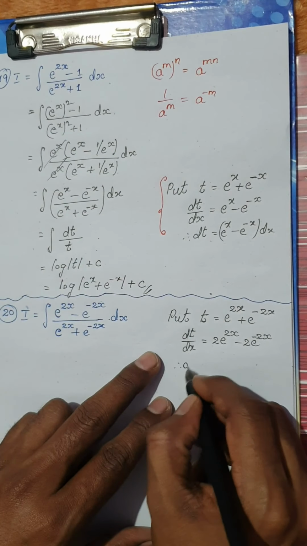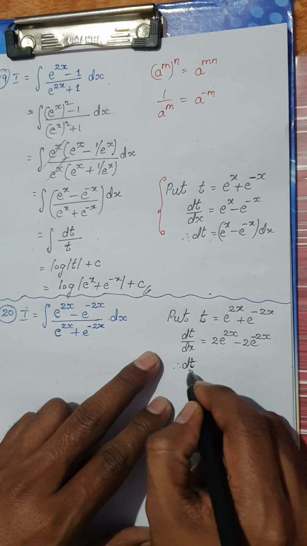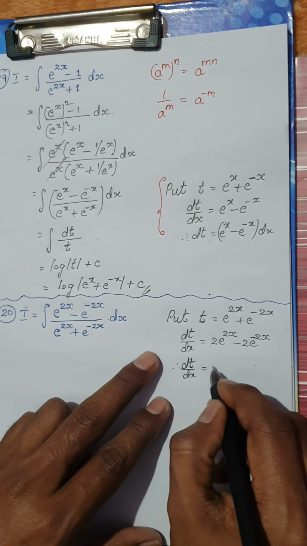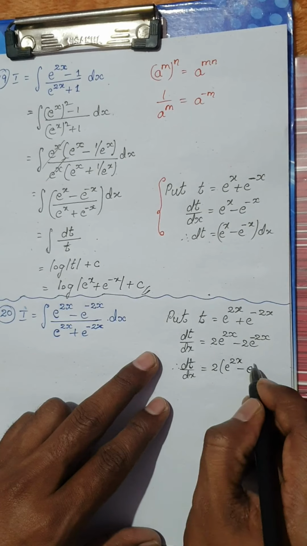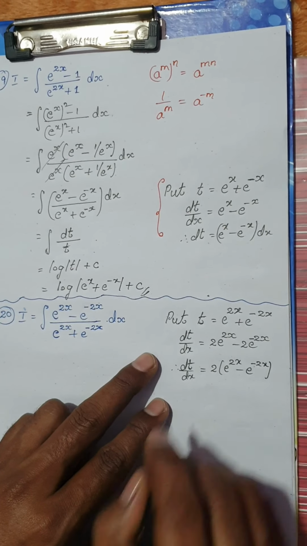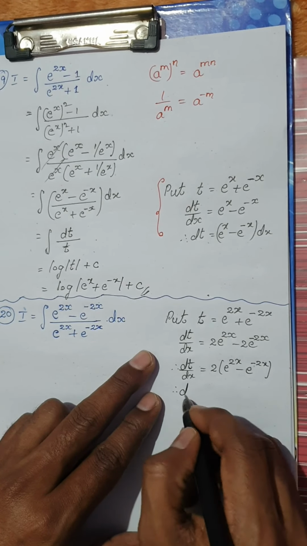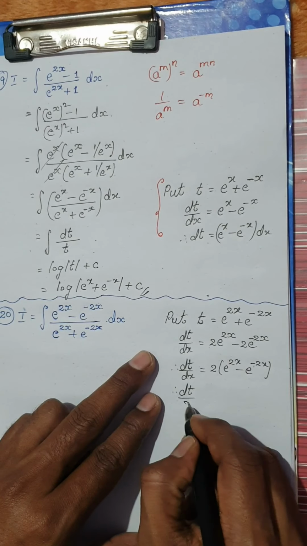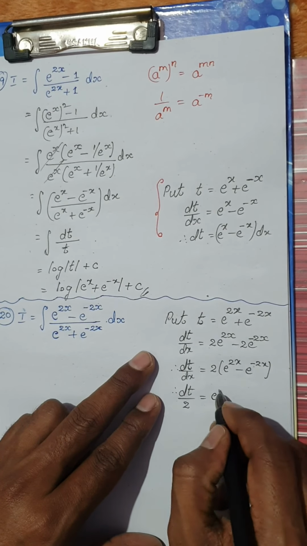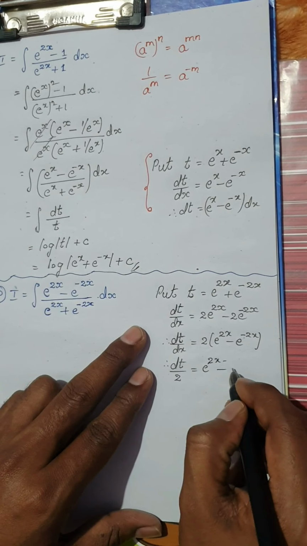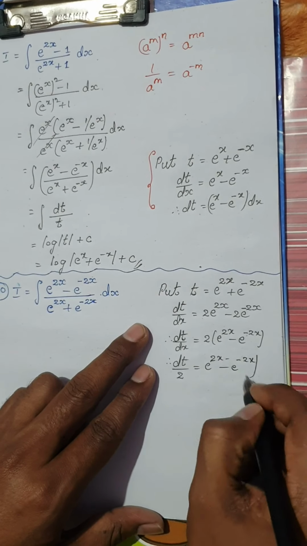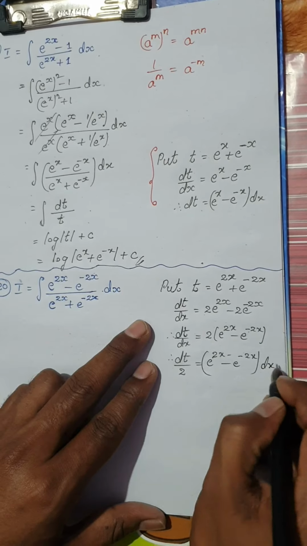Therefore dt/dx would be, if I take 2 common, e^(2x) − e^(−2x). Therefore dt/2 would be (e^(2x) − e^(−2x)) dx.